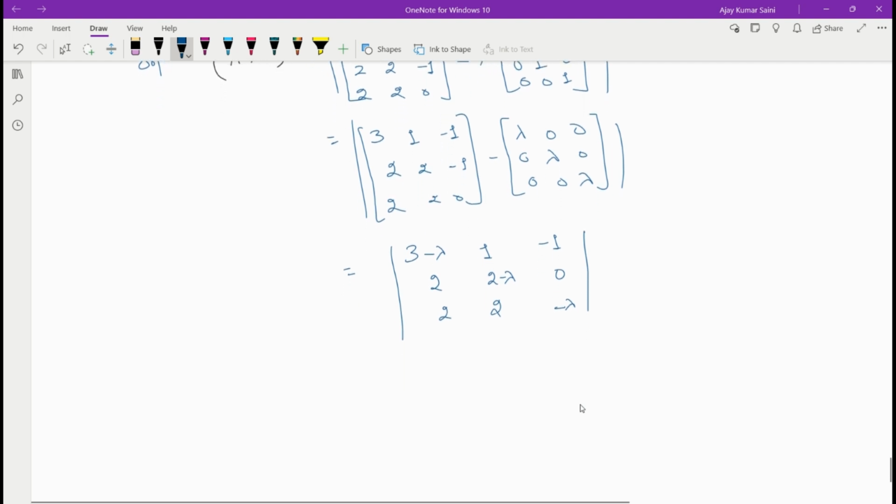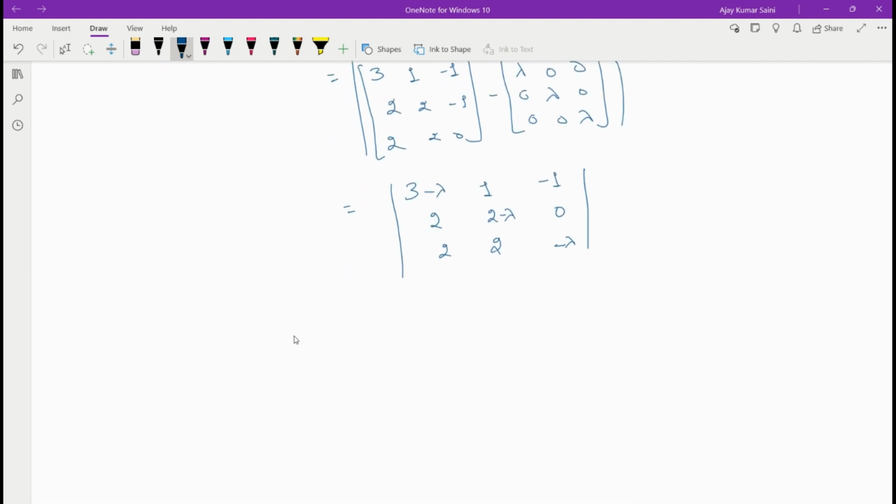so from here it is very easy to find the values, okay, how. Now what I need to do, I simply need to take the diagonal elements which have the lambda.